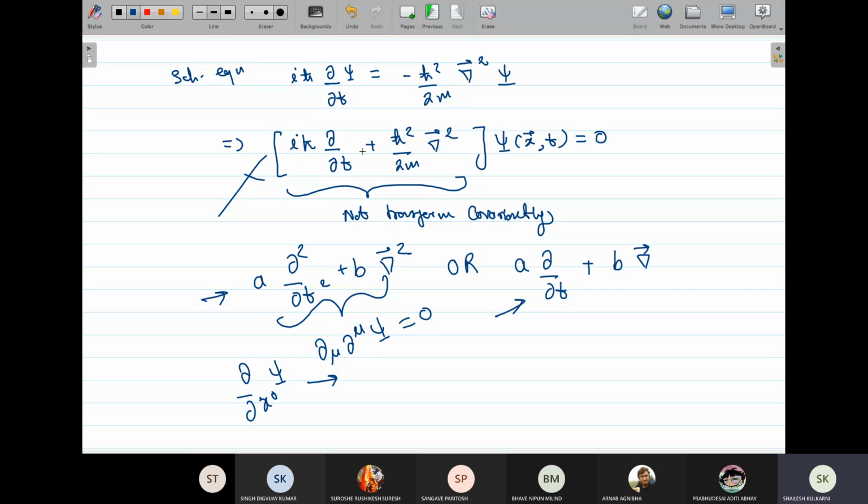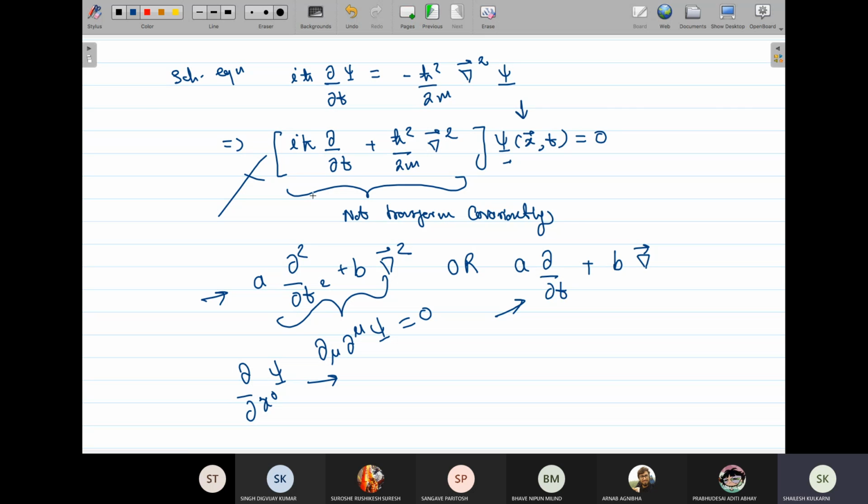Then one can construct a dynamical equation. This Schrodinger equation gives you the dynamics of psi. So I now want to construct a covariant equation which gives me the dynamics of psi.